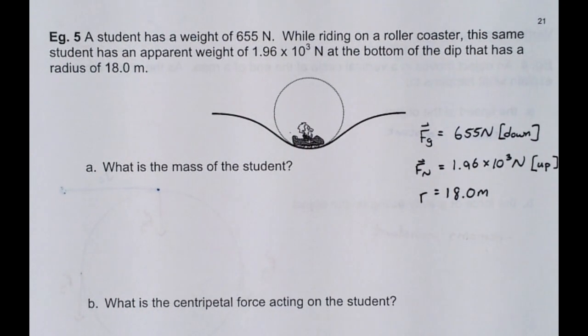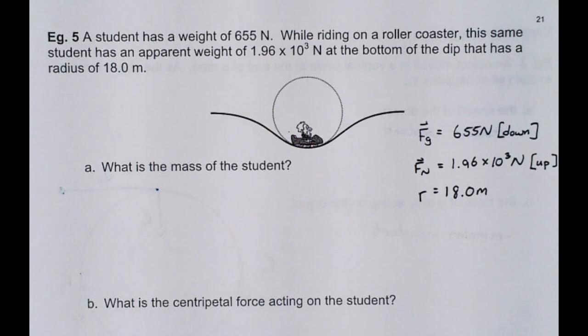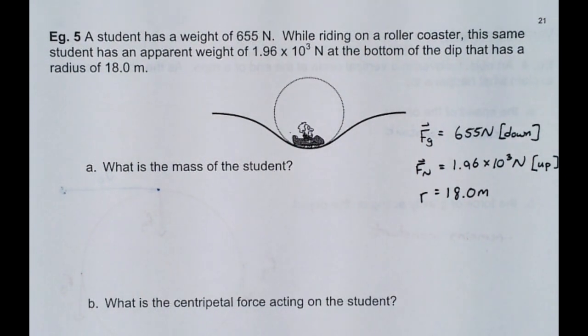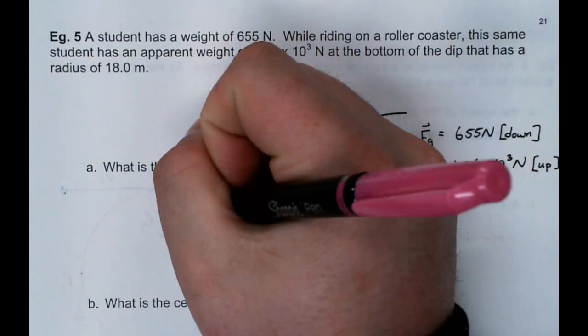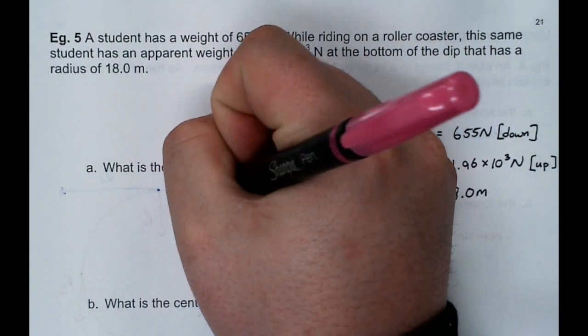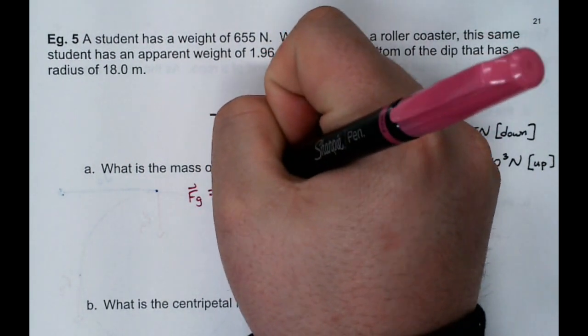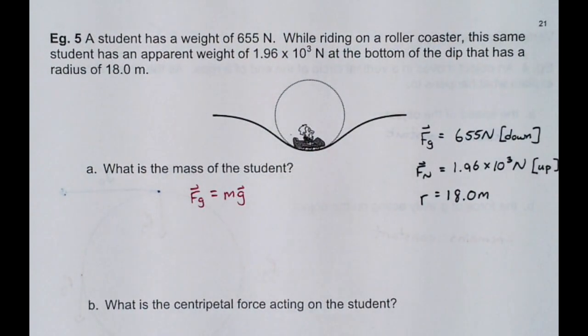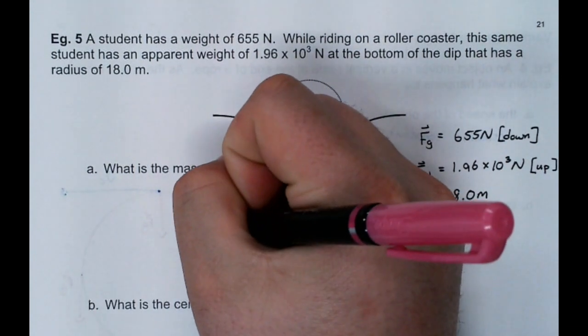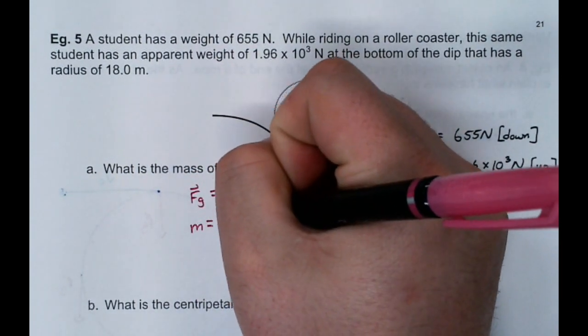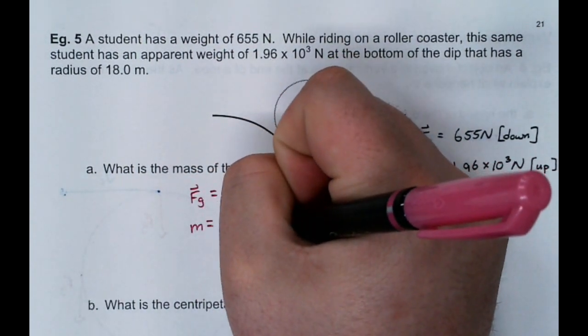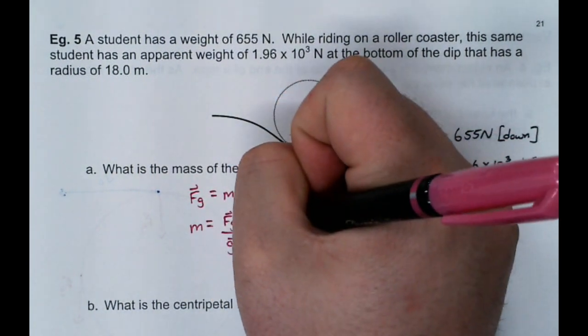So getting back to the question, let's figure out what the mass of the student is. This is similar to many problems we've done before. We know that the force due to gravity, or the weight, is equal to the mass times the acceleration due to gravity. When we rearrange, mass is equal to the force due to gravity divided by the acceleration due to gravity.